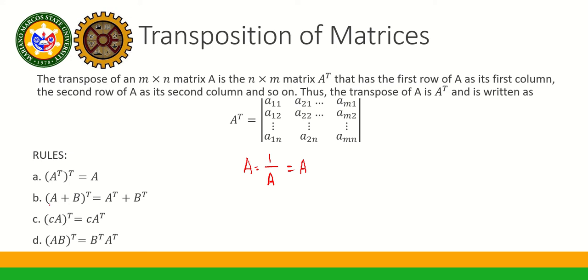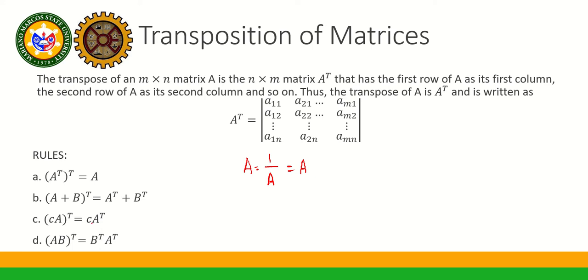And for letter B, A plus B, the transpose of the sum of matrix A and B is equal to the transpose of each matrix added. And then, for letter C, scalar number multiplied to a matrix, the transpose of a scalar number times a matrix is equal to the scalar number times the transpose of the matrix.